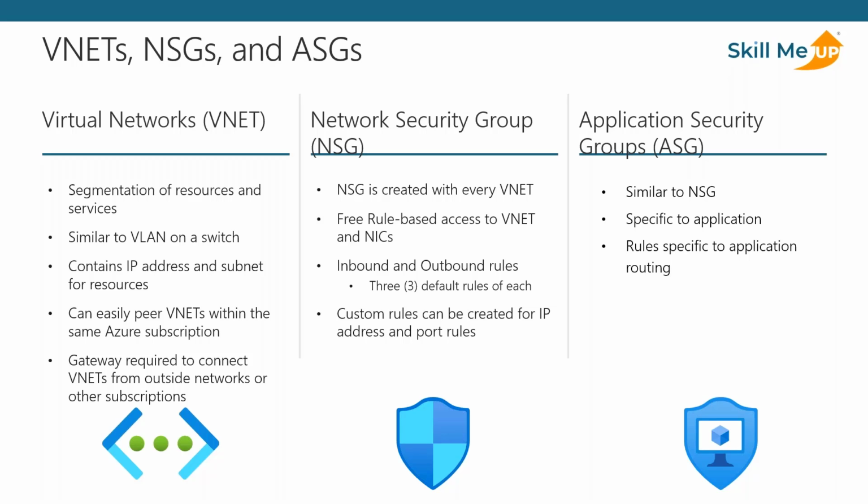A key note here when peering a virtual network, and we'll show this when we get to demoing creating a VNet, is that VNets cannot have overlapping IP addresses to be able to peer them. They have to not overlap. It's very easy within Azure to avoid overlapping if you're using default IP address settings when setting up your VNets.